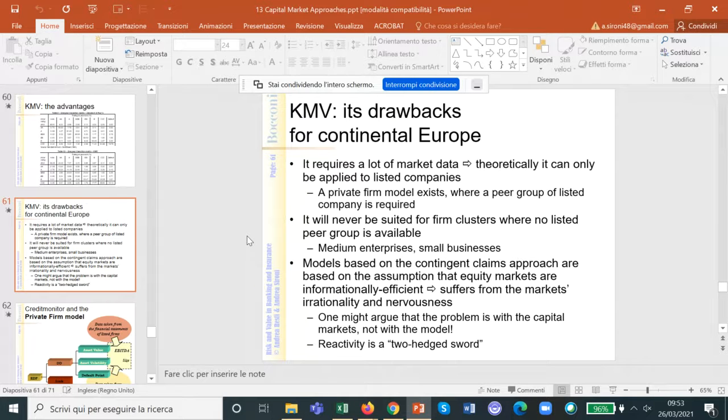There is a private firm model which is trying to apply the same logic to non-listed companies, and this is done by, in some way, benchmarking a non-listed company to a peer group of listed companies, but of course it is not working as well, okay? And of course, it's a model based on the contingent claim approach of the option pricing framework, and therefore it's assuming that equity markets are efficient, which of course is not always the case.